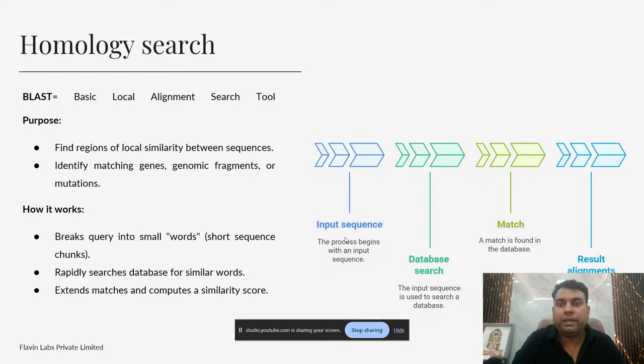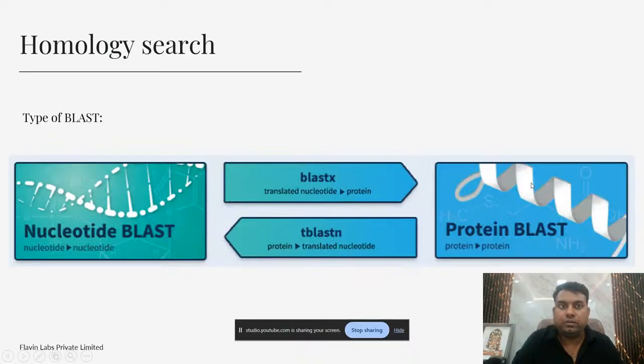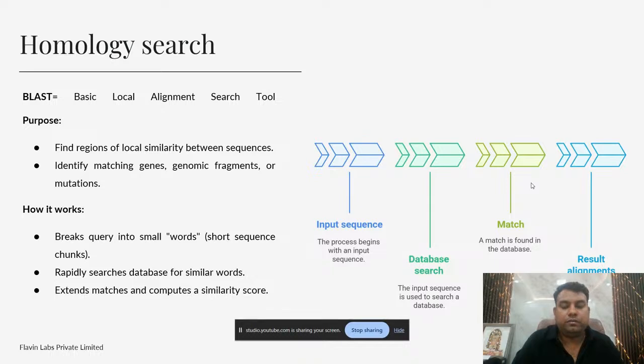Here I have tried to provide a simple workflow: first you get your sequence, you input it, then it searches the database and sees with which sequence it matches best. After the match, it goes through different algorithms and provides you search results. You must have heard about BLAST in your coursework or research work. BLAST is a very basic and very widely used tool.